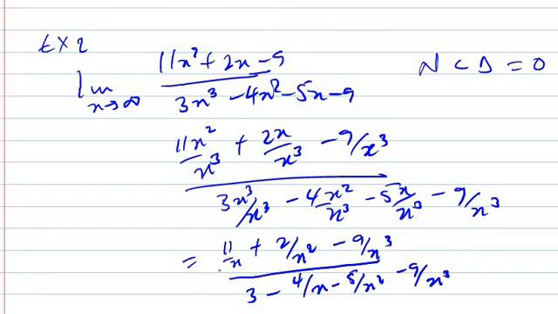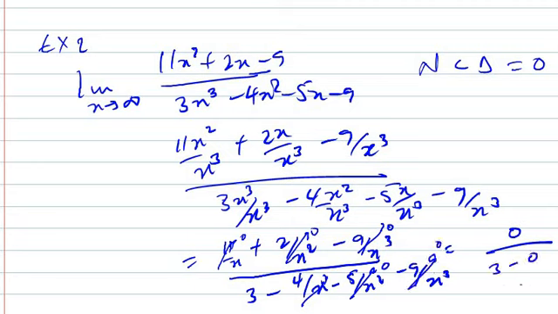Since each of these has x in the denominator, it is going to be equal to 0, likewise the others. So at the top we have 0, and in the denominator we have 3 minus 0, so 0 over 3, which is equal to 0.